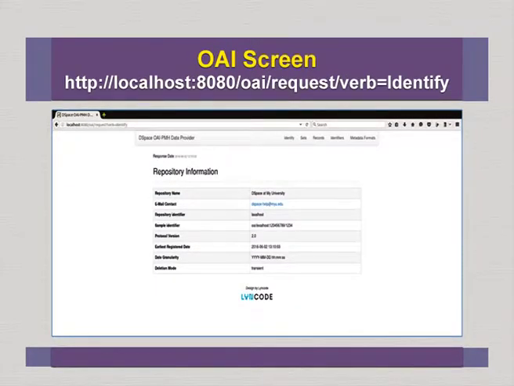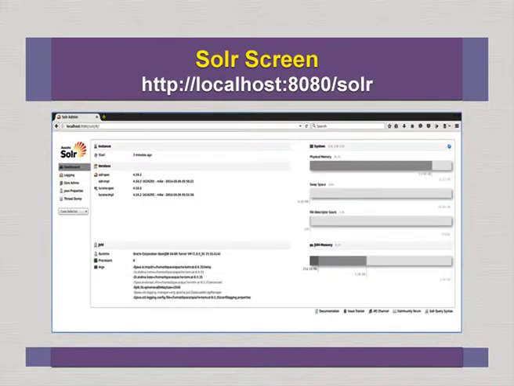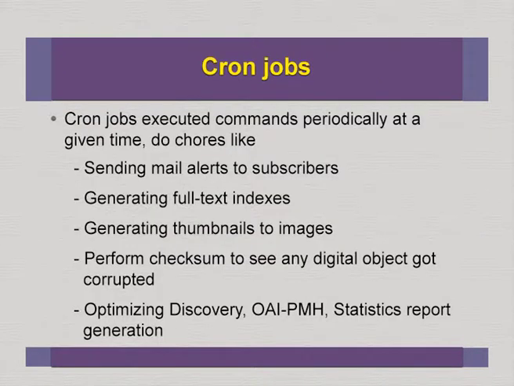Then of course, the OAI screen looks like this. Why I am showing this is, after installation, please check whether everything is running properly. Then Solr also, check whether Solr is working. So, these are the 4 screens you normally have to check to see whether your job is done.